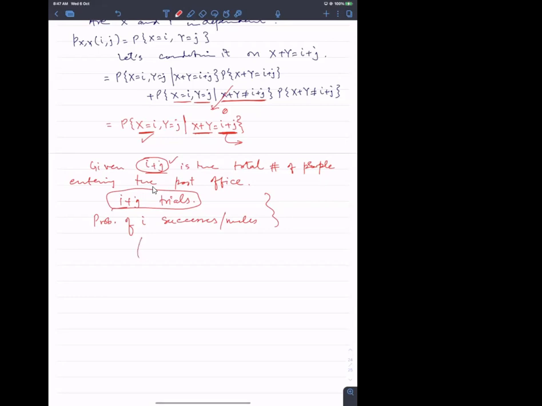So this should be equal to I plus J choose I. This is the total number of trials, and this is the number of successes.